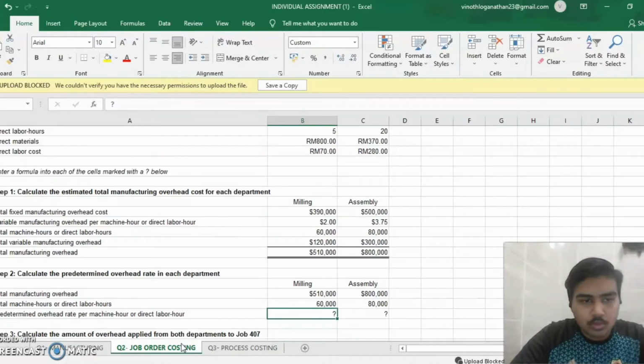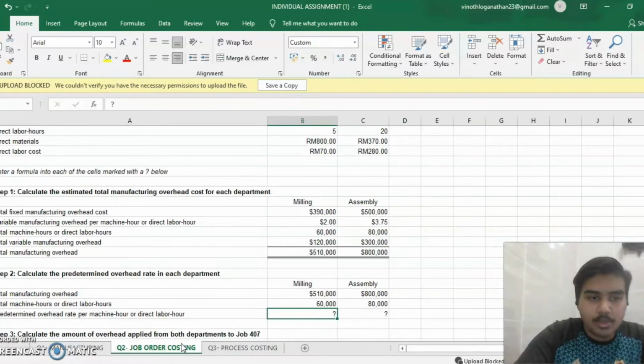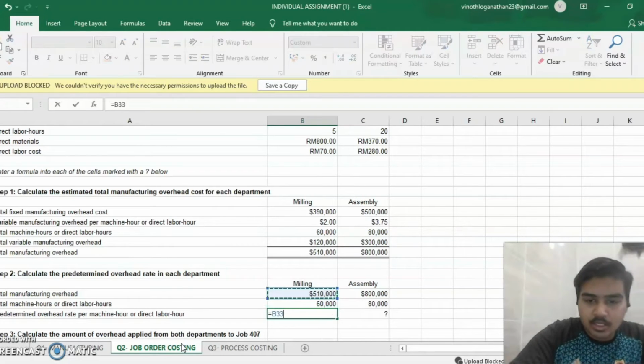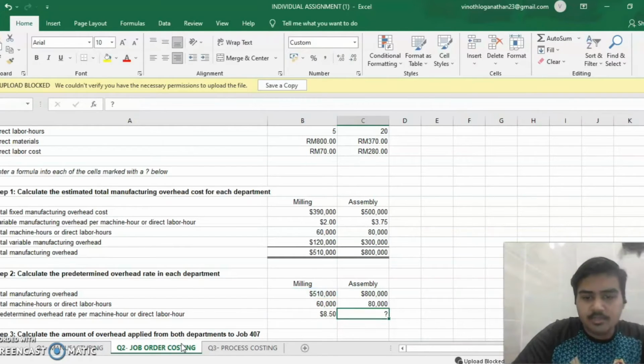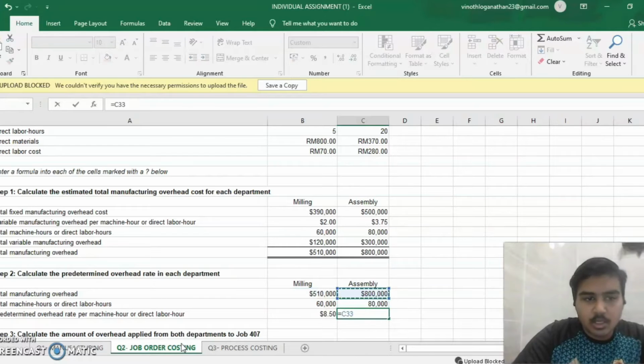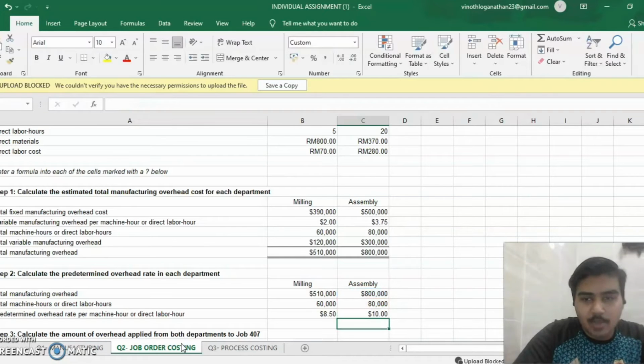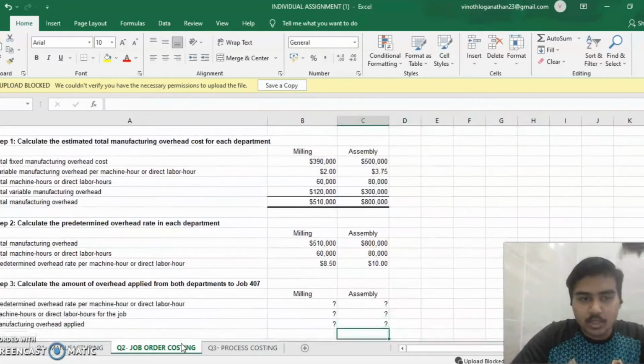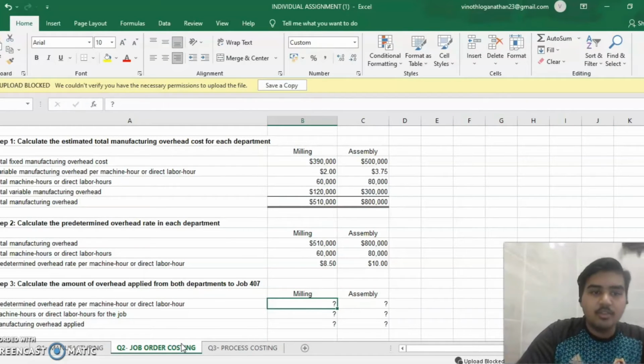So this is the predetermined overhead rate: this divided by this, 850, and this should be the total manufacturing overhead divided by the total labor hours. That's $10.